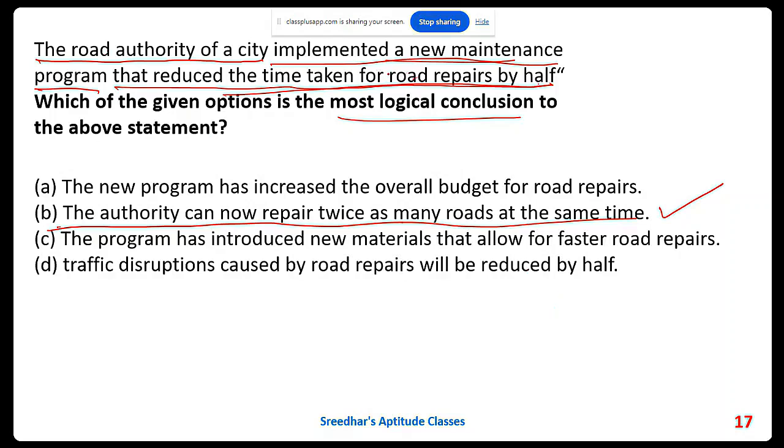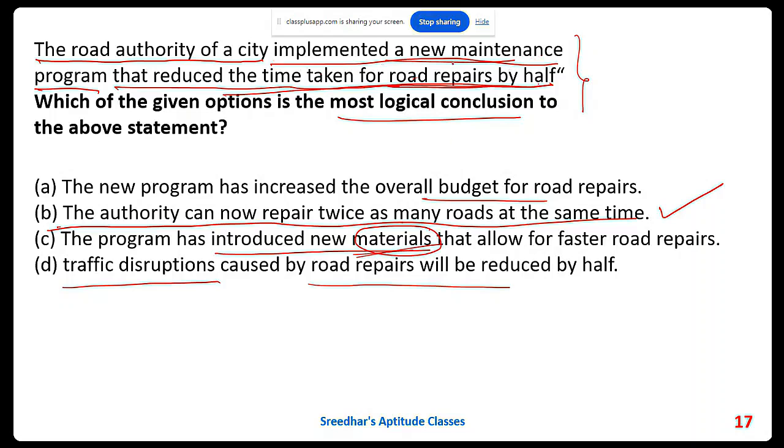Here, the statement is talking about road repairs only. It is not talking about any traffic disruptions or traffic being reduced, right? Budget, there is no mention about budget here. The program has introduced new materials that allow faster road repairs. Now, he has not said that the program has introduced new materials. There is no question of materials given in the statement.